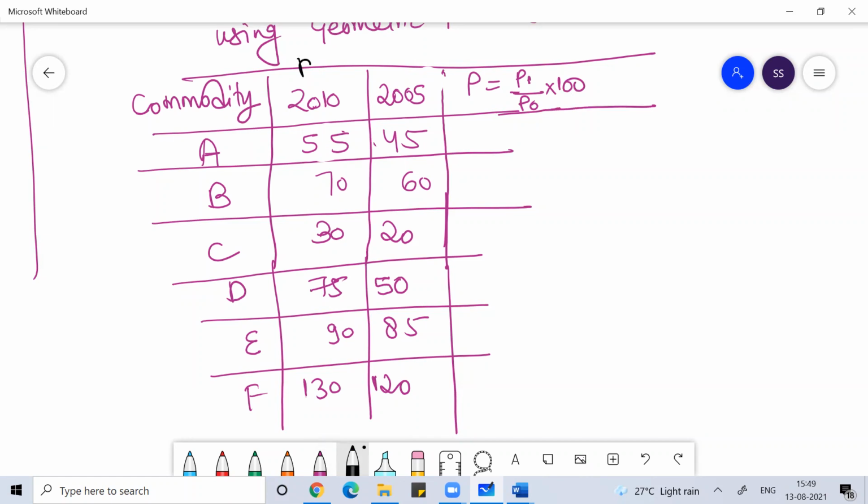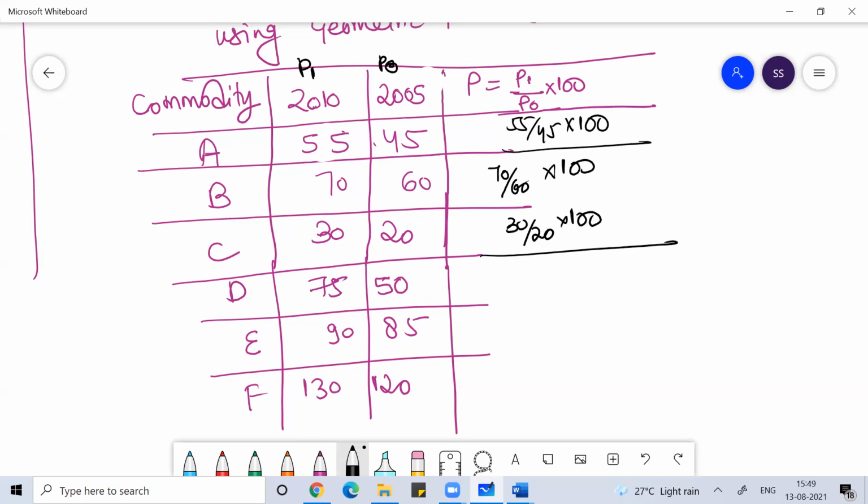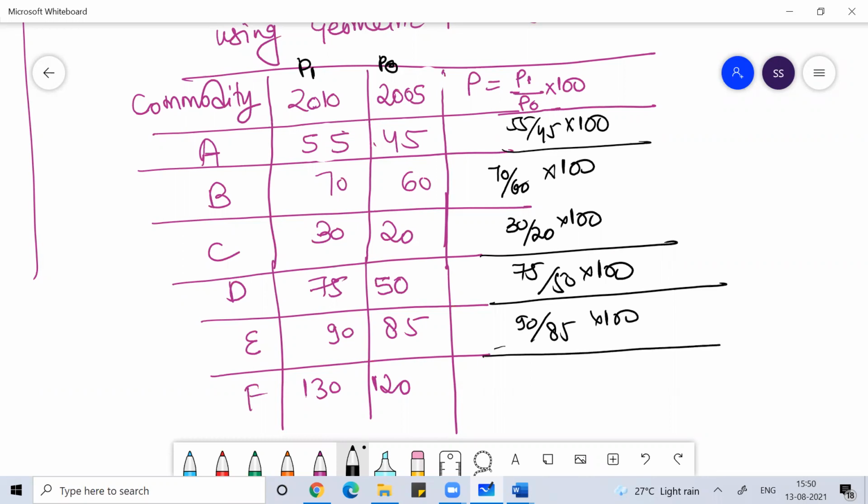This will be 55 by 45 into 100. Then 70 by 60 into 100. Then 30 by 20 into 100. Then 75 by 50 into 100. Then 90 by 85 into 100. Then 130 by 120 into 100.